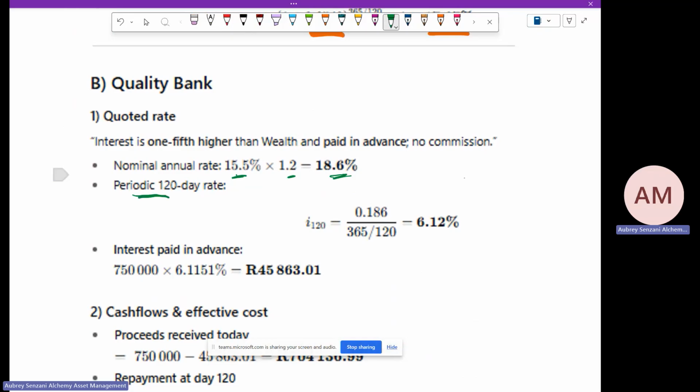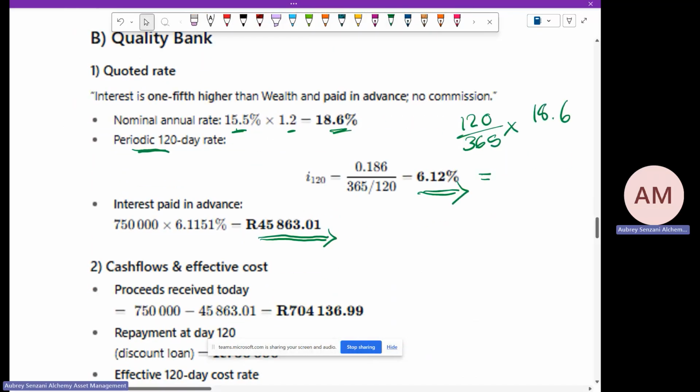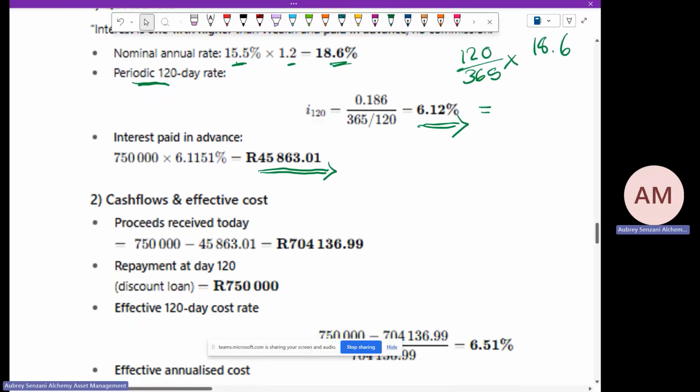So again here, I would just say 120 over 365 times this 18.6, and that should give you the same 6.12. Okay, right. You now have that. You then say, okay, interest paid in advance. Voila. There's the interest that you must pay in advance. Then you say cash flow and effective cost.